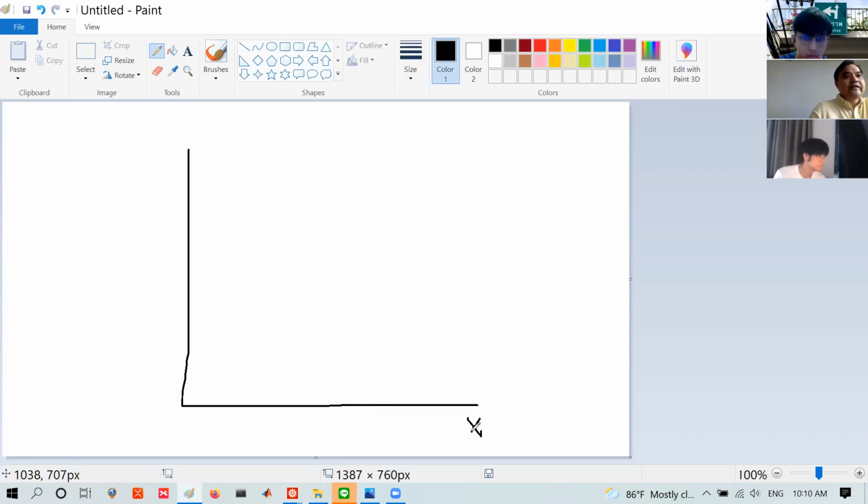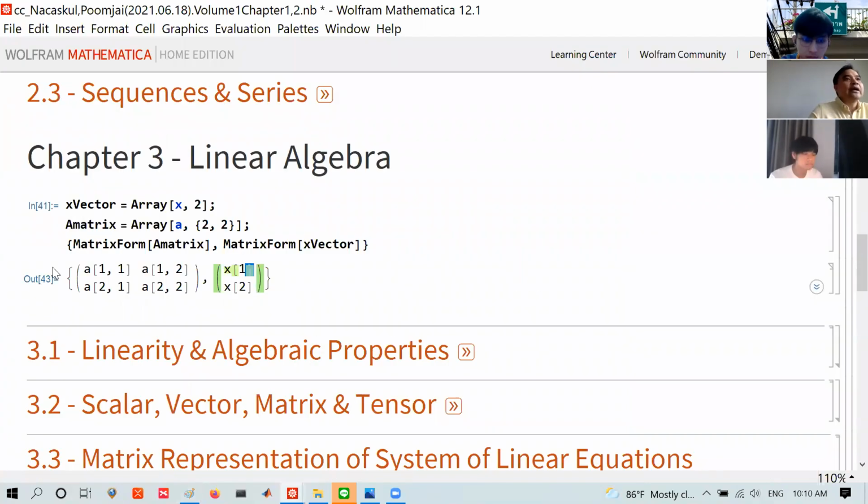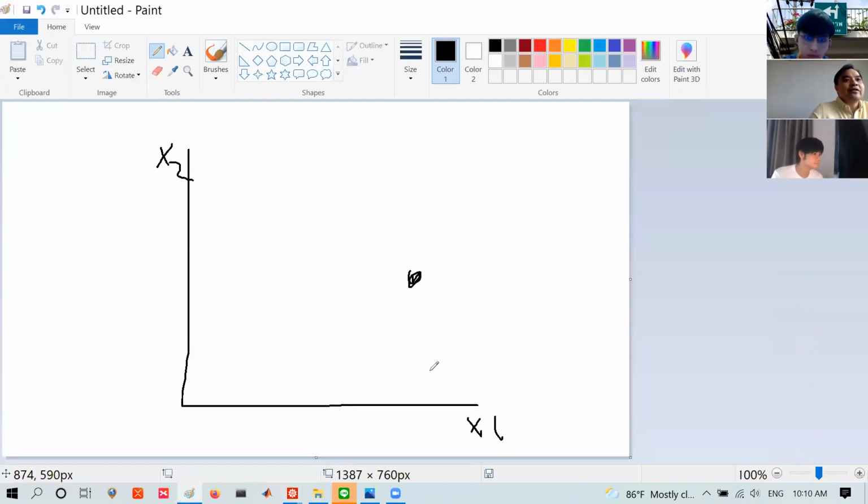You have a point here, which is X1 and X2. Now, by multiplying on the left with these four numbers, A11 times X1 plus A12 times X2, you're going to get another number, and that's going to give you a new coordinate.